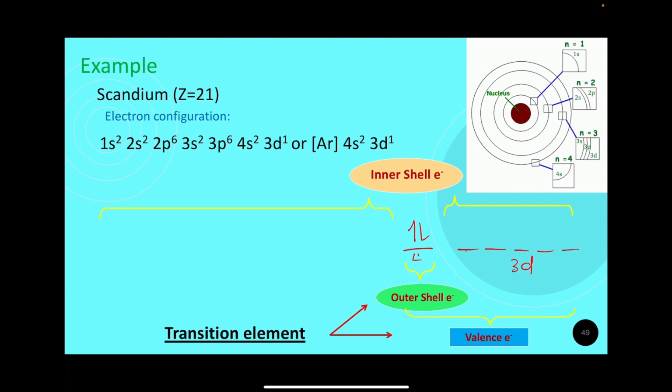I want to leave some space so I can estimate the positions, and then 3p 1 2 3, and then 3s, 2p 1 2 3, 2s and 1s.